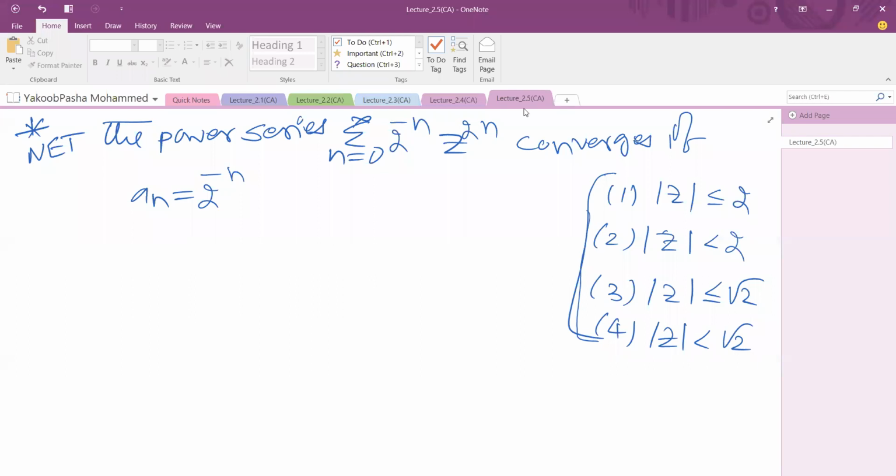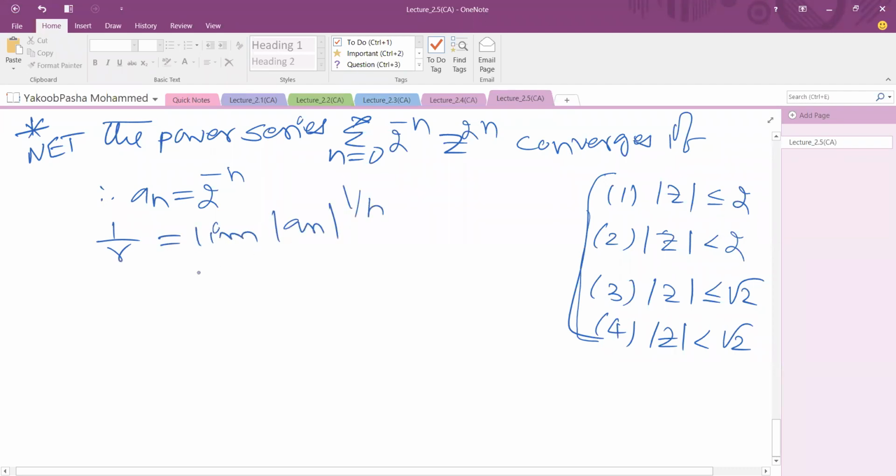So for the radius of convergence, 1 by r is equal to limit modulus of an power 1 by n, that is equal to limit (2 to the power of minus n) whole to the power of 1 by n. So this is equal to 1 by 2. The radius of convergence 1 by r is equal to 1 by 2. Therefore, r, the radius of convergence, is 2. So this series converges.